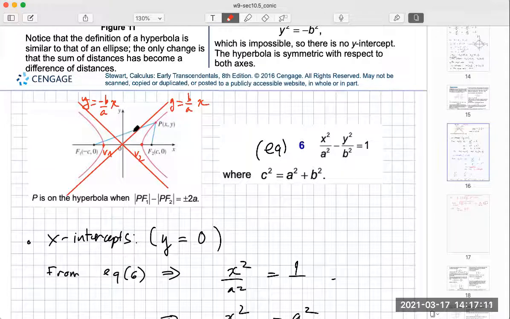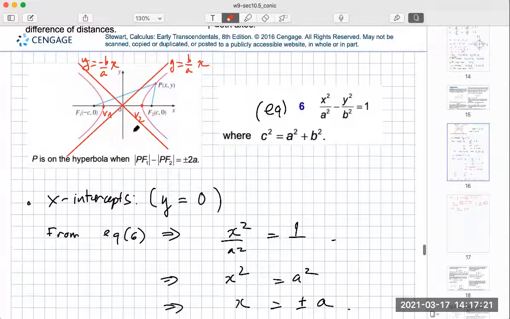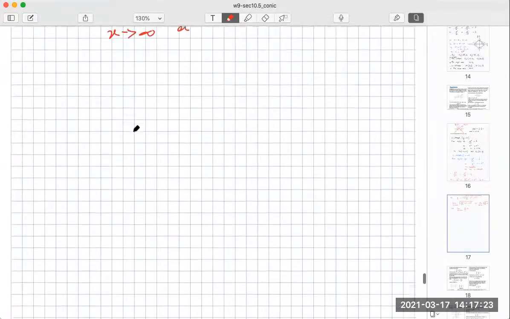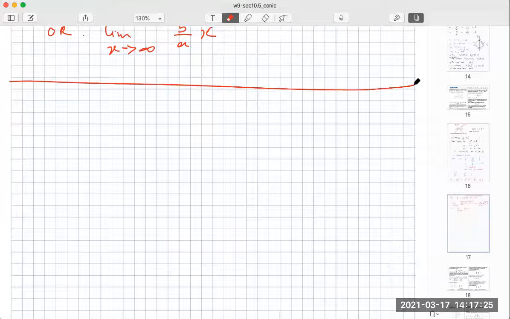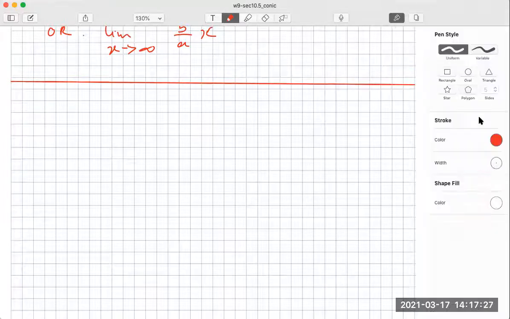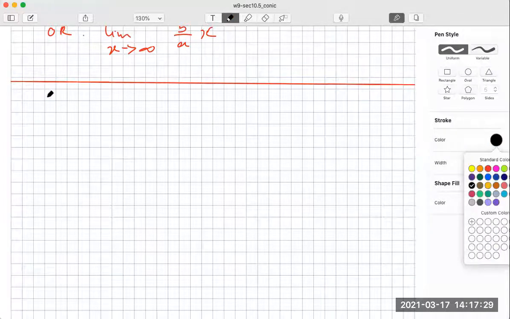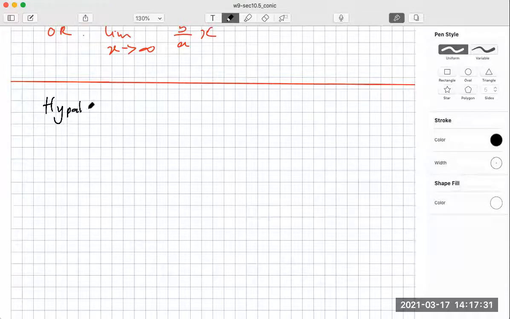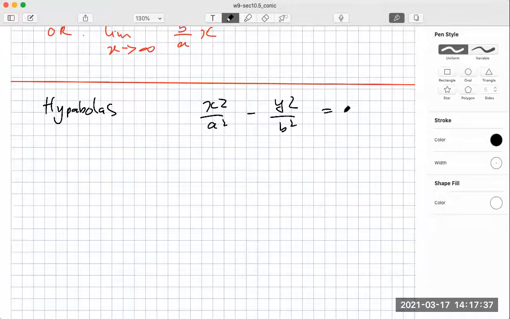So that is a quick introduction about hyperbolas, and let us write down all the information we need to know about a hyperbola. Suppose we have a hyperbola, and the equation of that is given by x squared over a squared minus y squared over b squared is equal to 1.